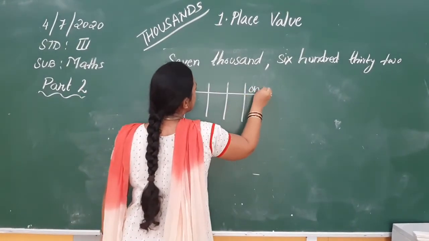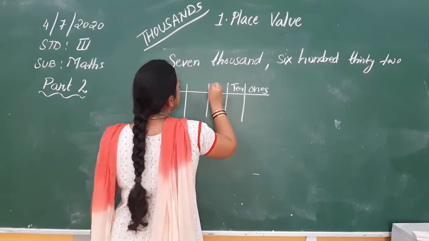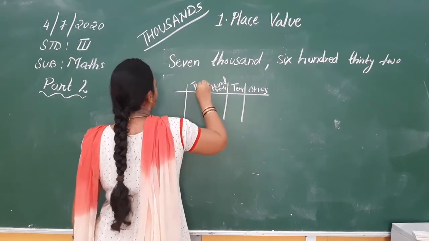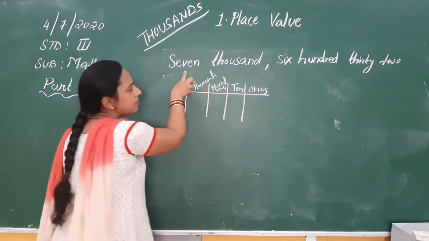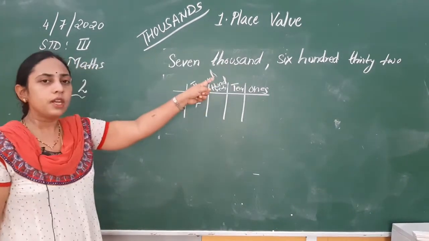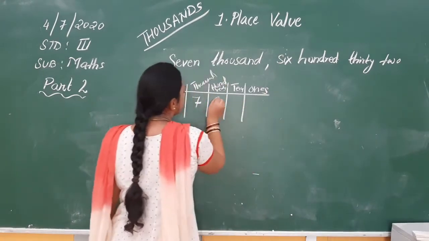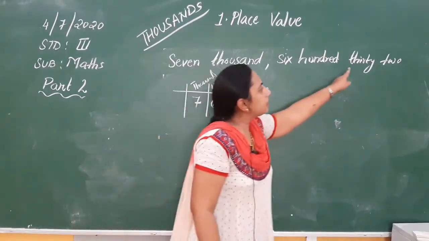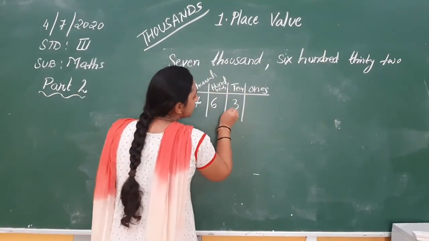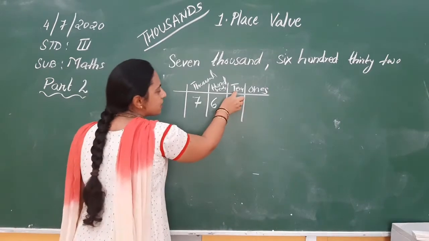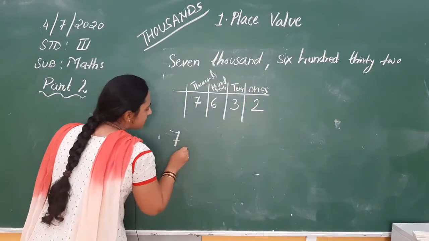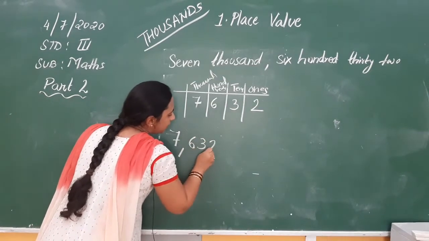This is ones, this is tens, this is hundreds, and this is thousands. So how many thousands? 7,000. 7. How many hundreds? 600. 6. Then 32. So in the tens place we have 30. 30 means we will write 3 because it is already tens place, and 2 in ones place. So the number is 7632.